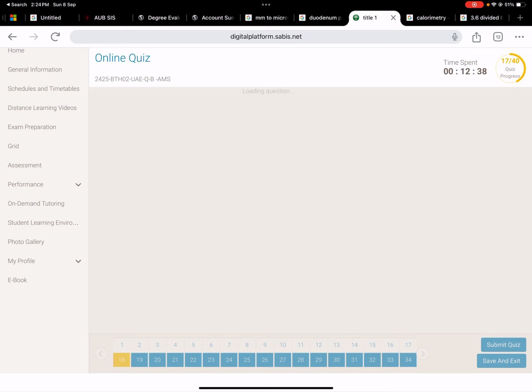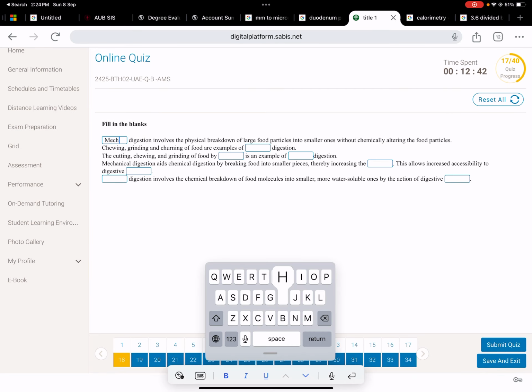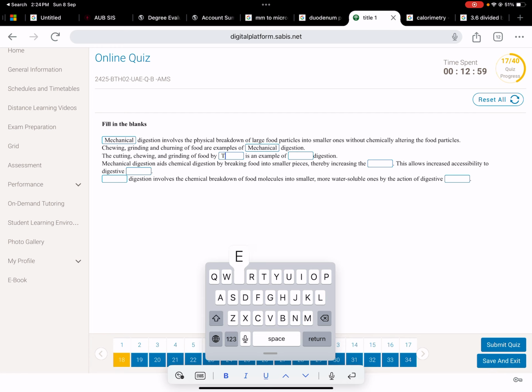Okay, let's go next. Whenever you see physical breakdown, it is directly going to be mechanical digestion. Chewing, grinding, and churning of food are examples of mechanical digestion. The cutting and chewing by the teeth is an example of mechanical digestion.